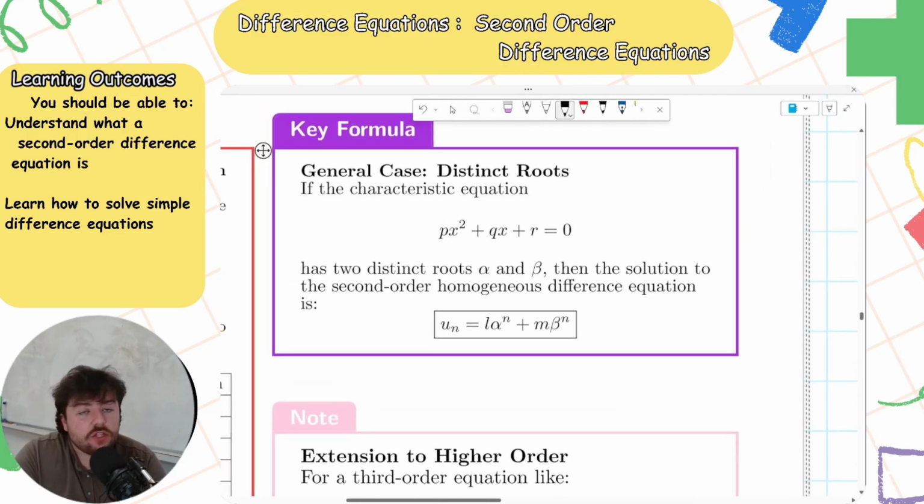If they are two distinct roots, the general solution for my second order difference equation would be some constant L. It doesn't matter what you use. You could use capital A, capital B, you can use L and M. But it's going to be a constant L times one of the roots to the power of n plus M times the other root to the power of n. That's if we have two distinct roots.